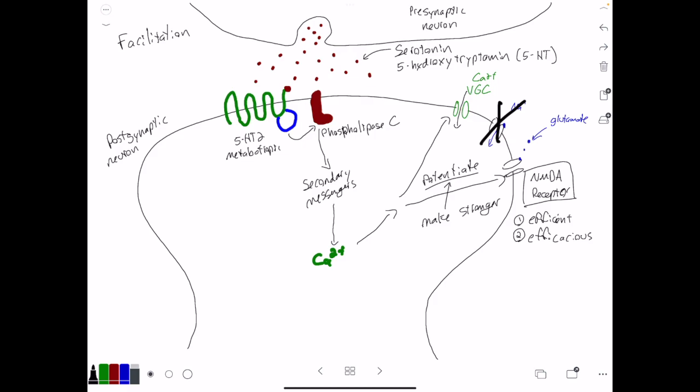So by strengthening calcium and NMDA receptors, in this case via serotonin, it makes that postsynaptic neuron more sensitive to presynaptic signals. It's more likely to turn on, so to speak, with a smaller signal if you can facilitate it. Okay, let's go on to our next example.